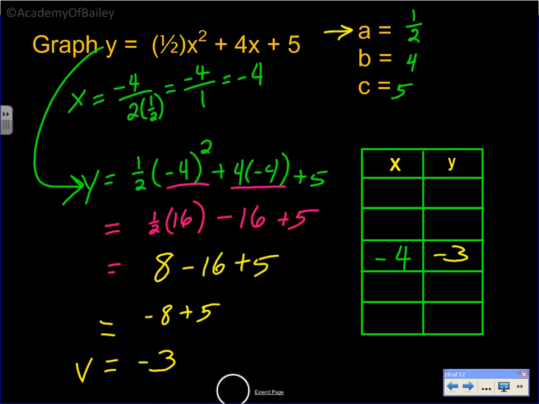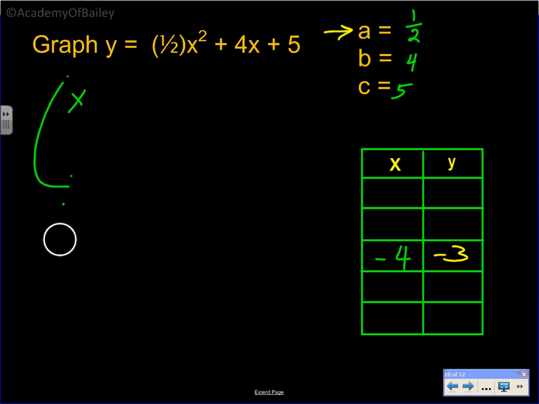I'm going to erase this so we can figure out the rest of our points to make our parabola. For negative 4, watch this next step here for a moment. If I go down 1, or I'm sorry, that would actually be going up 1.